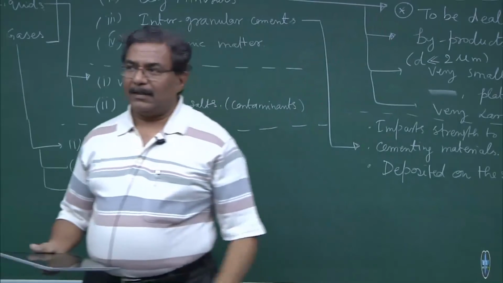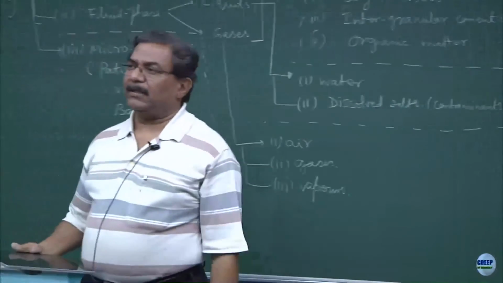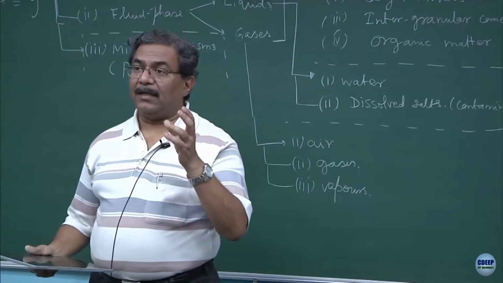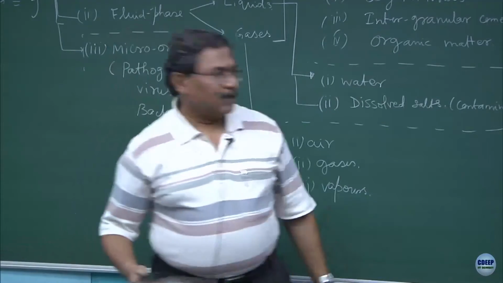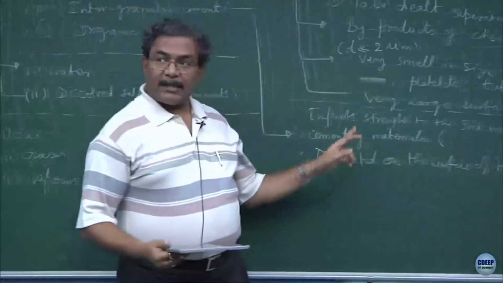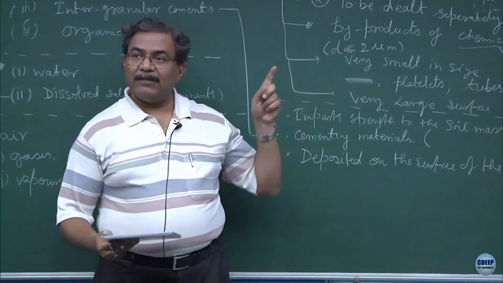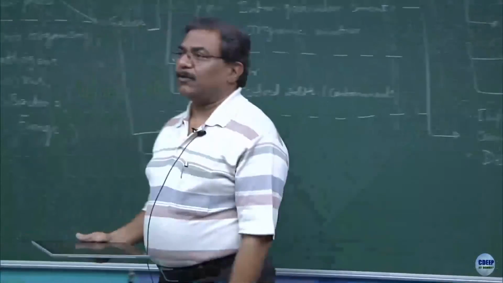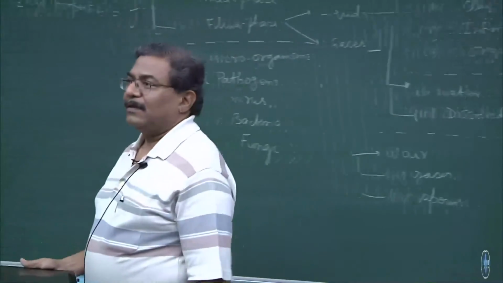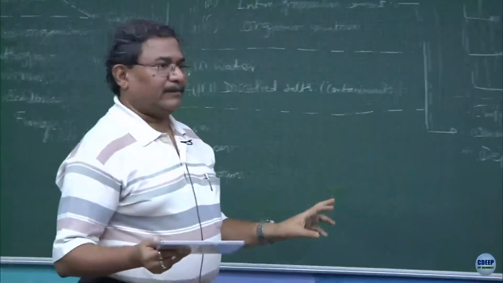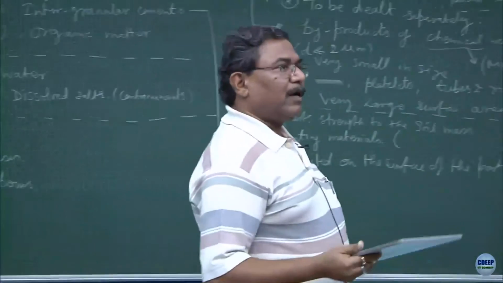What is going to happen? It contains all sorts of chemicals, chlorides, sulfuric acid, HCl, HNO3, in large amounts. These acids are going to attack the cementing materials present in the rock and soils. So, this interlocking of the particles gets dissolved.